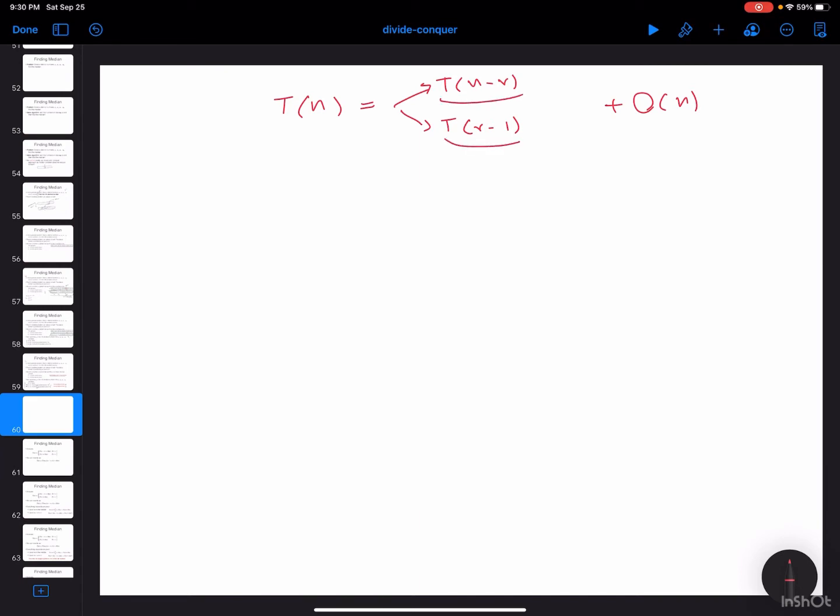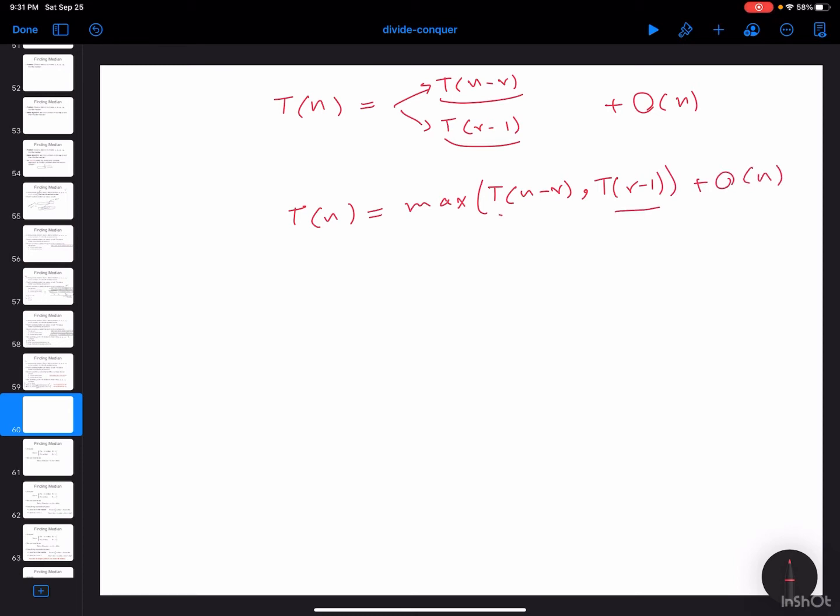If you have cases like this, where you don't know which one you are going to solve, you need to always go with the largest size, because this is telling you the worst case, right? So t of n will be the maximum of these two, t of n minus r and t of r minus 1, plus O of n.